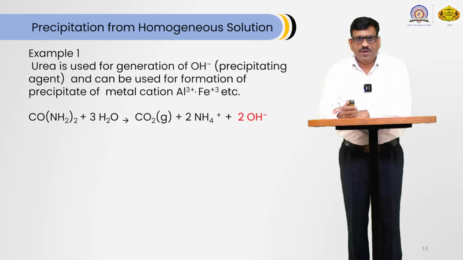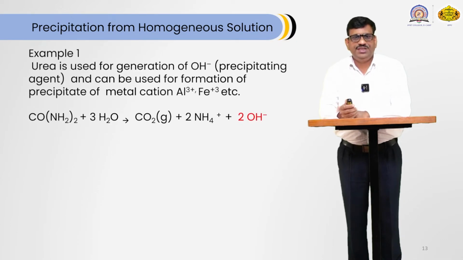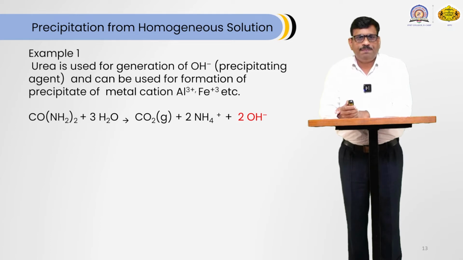Now, as an example of this homogeneous precipitation, urea is used for generation of hydroxyl ion, which is the precipitating agent. It can be used for formation of precipitate with metal cations like Al3+, Fe3+, etc. This is the reaction.